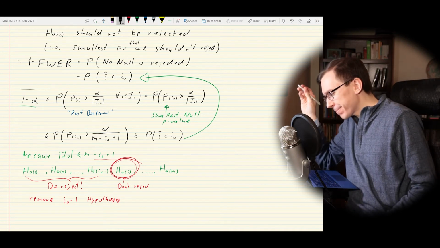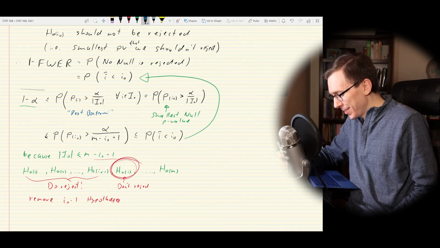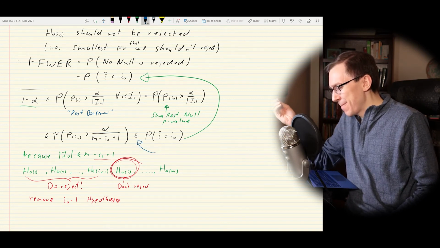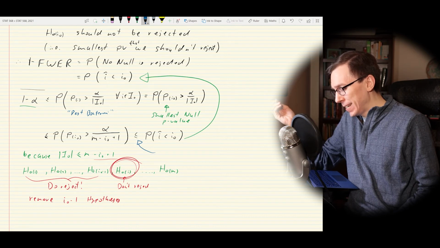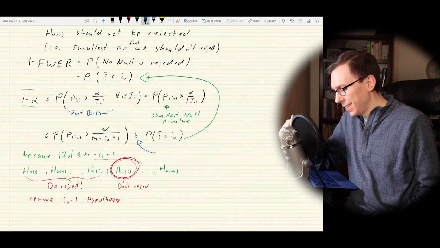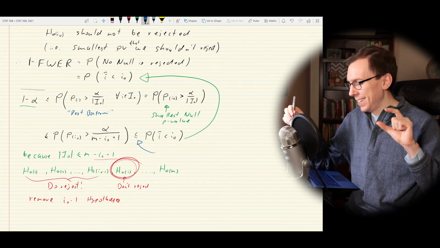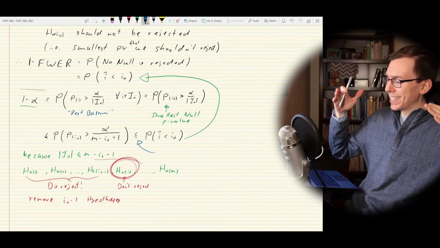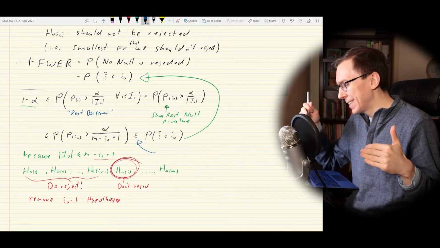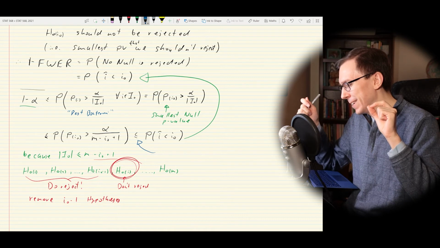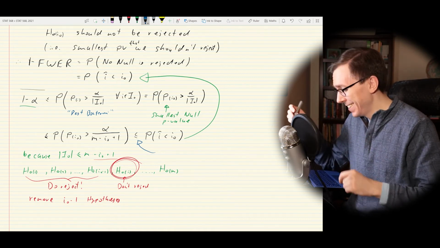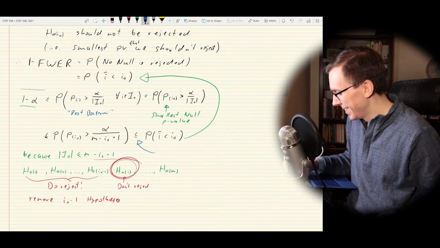So wait, why is this last one true? Right, we always got to check these things and make sure they all make sense. This last one is true because of the event that the smallest null, that is, I naught, is not rejected. Saying this in English is the worst, right?